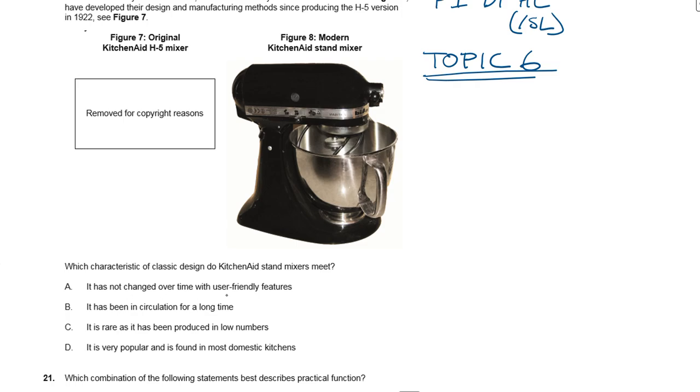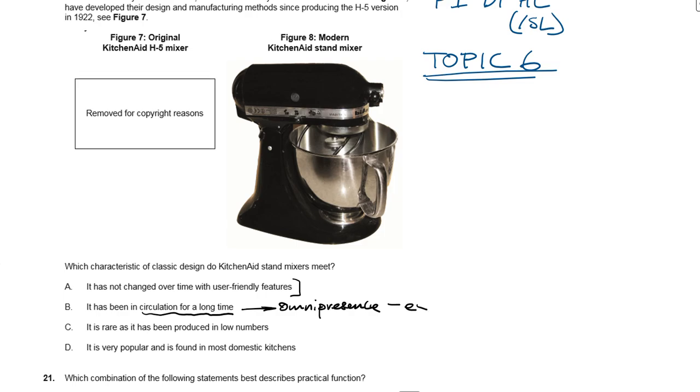Which characteristic of classic design do KitchenAid standard mixers meet? So we have not changed over time with user-friendly features. That sounds a bit off. Then we have it has been in circulation for a long time. That is possible, yes. It is rare as it has been produced in low numbers. So first of all, this is talking about omnipresence, right? Let's make sure. It has been in circulation for a long time and it has existed.